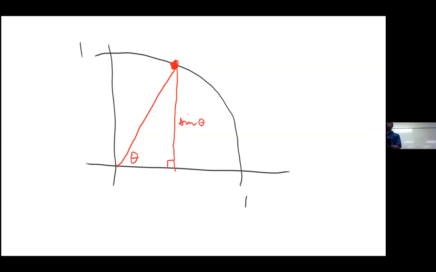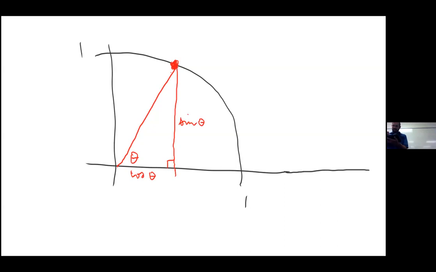That y distance is sine of theta. What's the x distance called? It's cosine of theta. Let me extend this out a little bit because we need it.